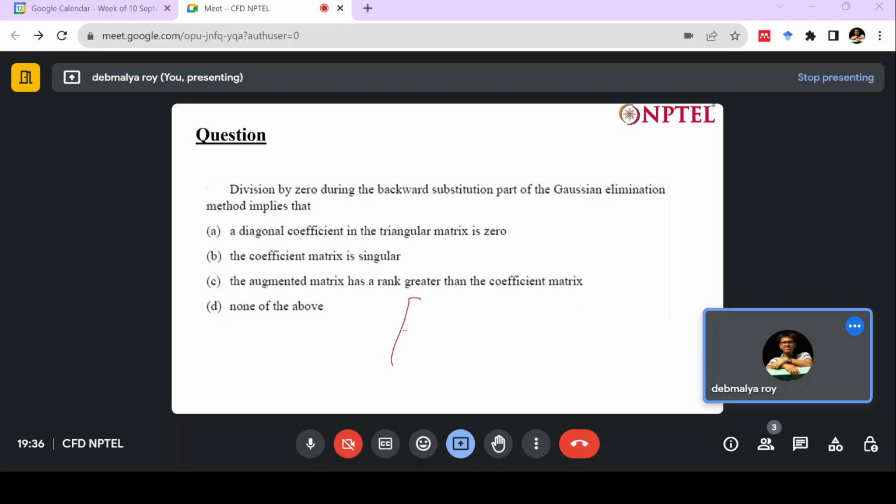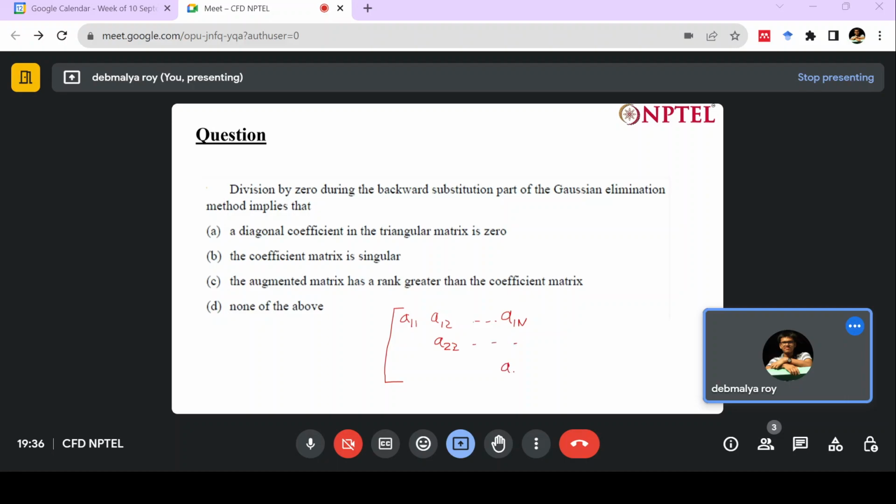So suppose we have already performed our forward elimination.